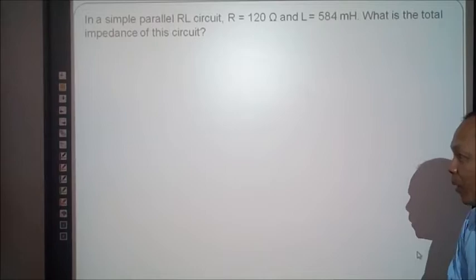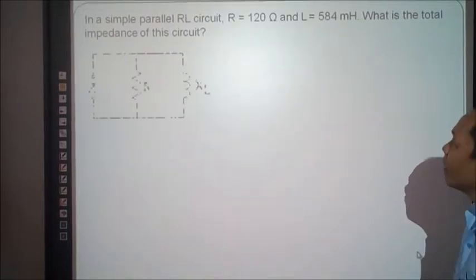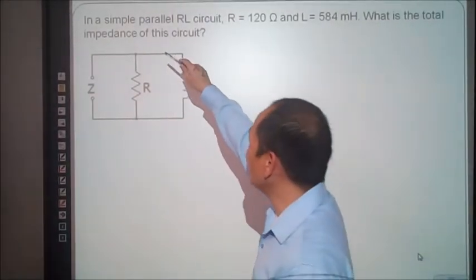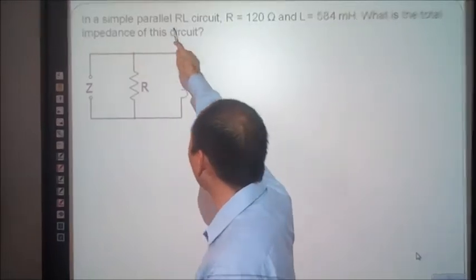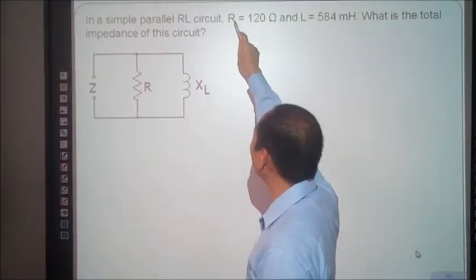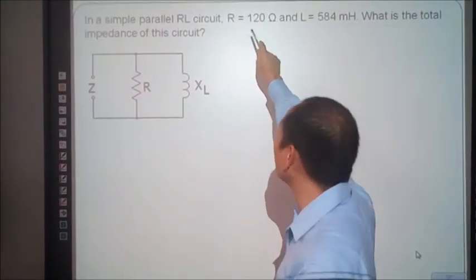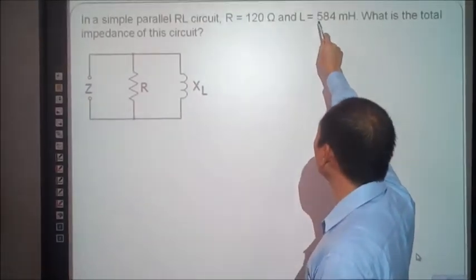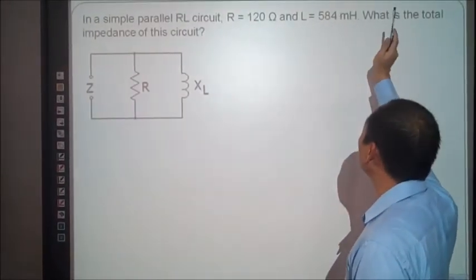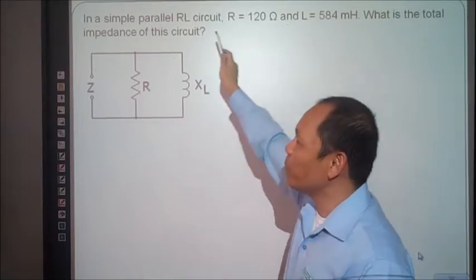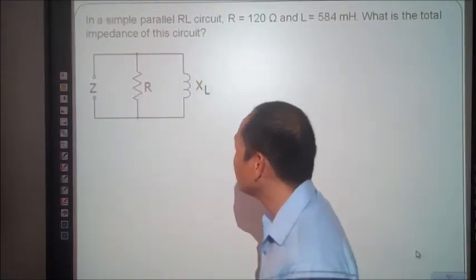Okay, let's have an example problem. In a simple parallel RL circuit, the value of your R is equal to 120 ohms and the inductor is 584 millihenry. What is the total impedance of this circuit?